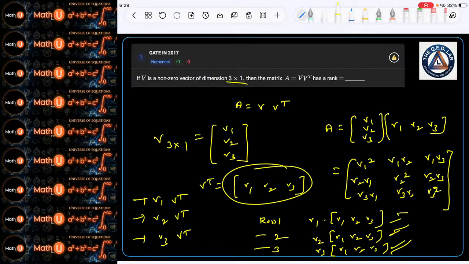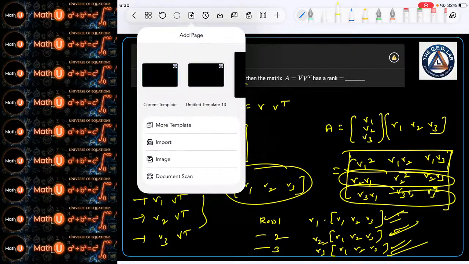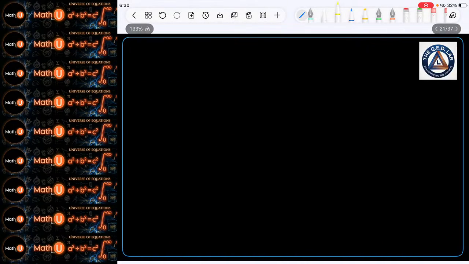row 3. Observe that in row 1 you can take V1 common, we get like this. In row 2 we take V2 common, we get like this, V3 like this. This is nothing but every row is simply a scalar multiple of the same vector V transpose. What is the meaning of this?